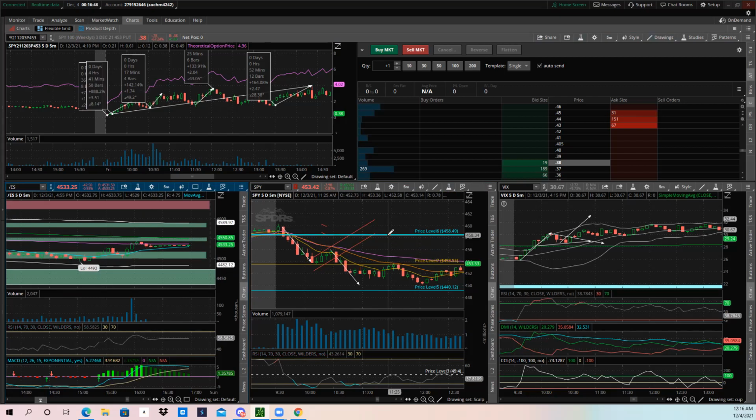You can use these studies across any platform, Webull, thinkorswim, TradingView, whatever you use to chart. They have these indicators on every platform. I don't use anything crazy fancy. I use VWAP, EMAs, Bollinger Bands. That's basically it.